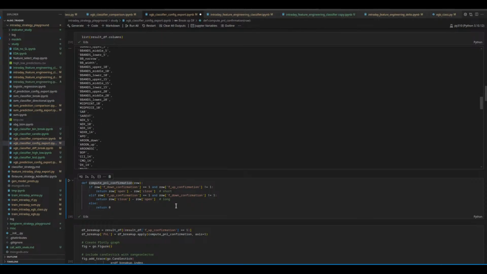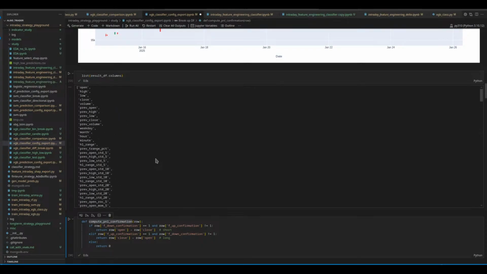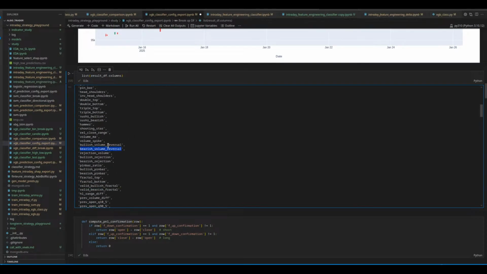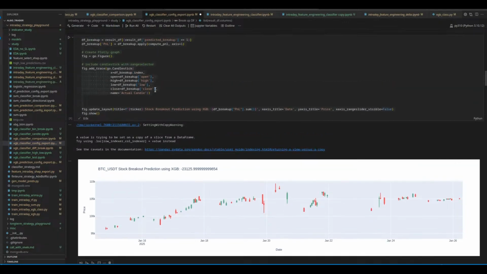Only a few of them are being used. Bearish volume reversal. Yeah. So what I need to do is identify these. And I'm manually going to plot these features across this chart, so I can identify what is correlated with my target variable.